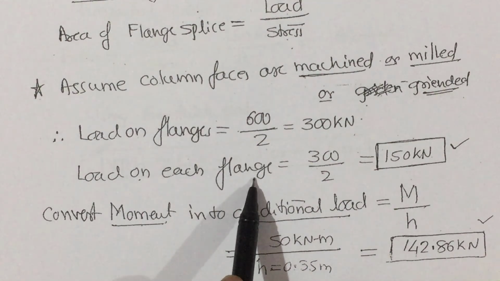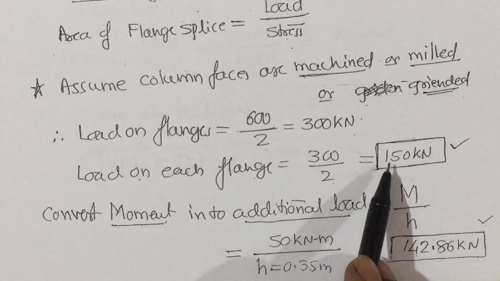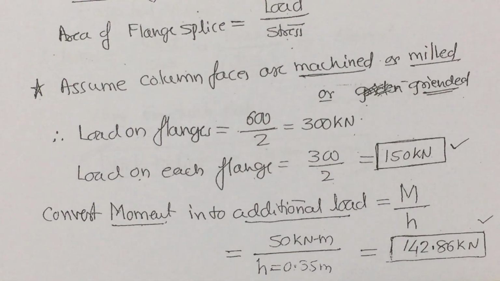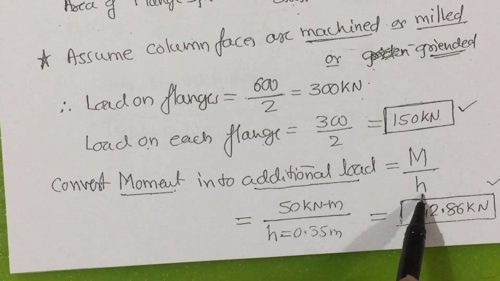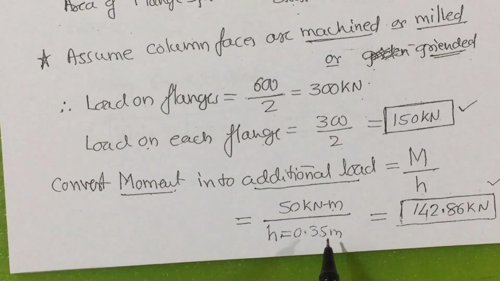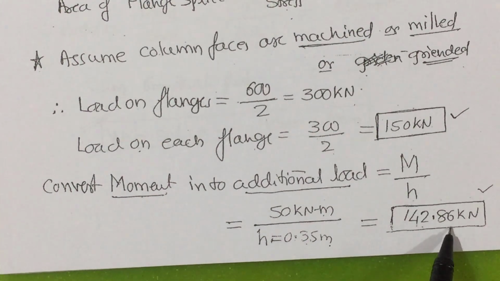Load on each flange is 300, again we need to divide it by 2, it will become 150 kilonewton. Convert moment into the additional load, that is given by M divided by H. M is 50 kilonewton meter, H is 350 millimeter or 0.35 meters. You are going to get 142.86 kilonewton.